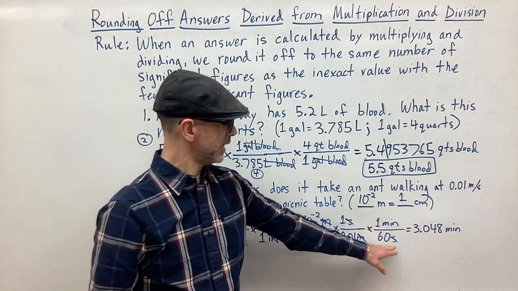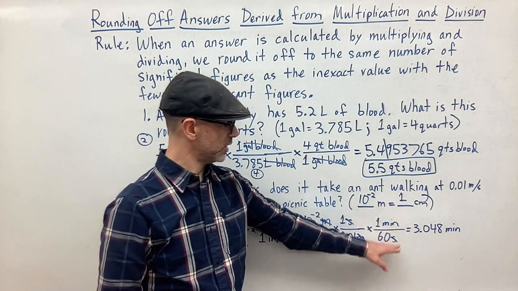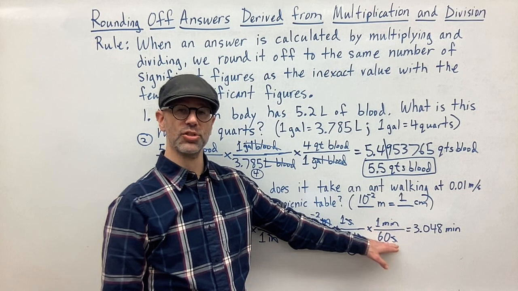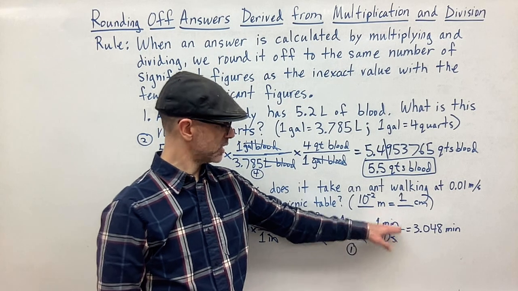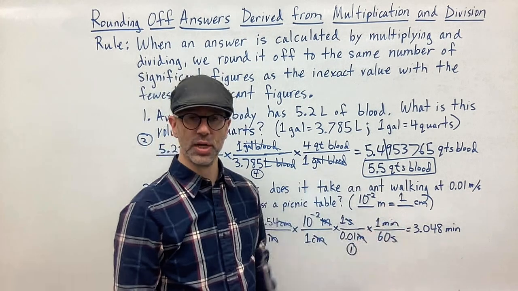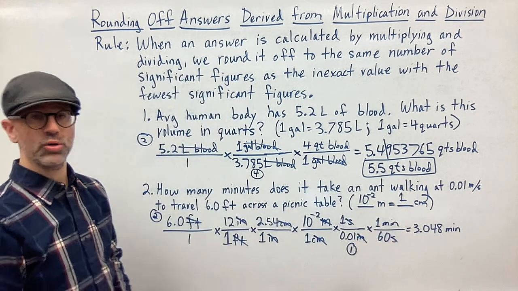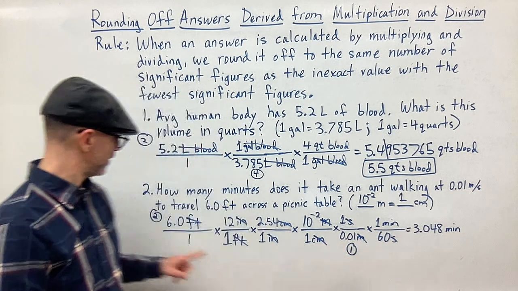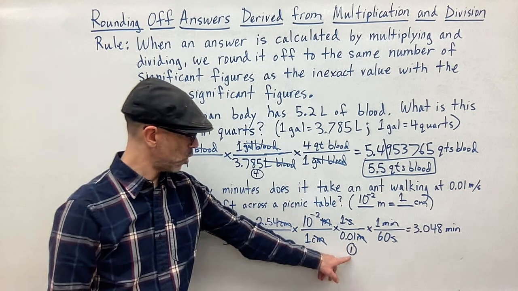And then finally, here we have 60 seconds to a minute. These are both time units. And so this is true by definition, metric to metric. So this is exact. So we are going to ignore that. So the only 2 numbers we need to worry about is this one and this one. And the least number is 1.